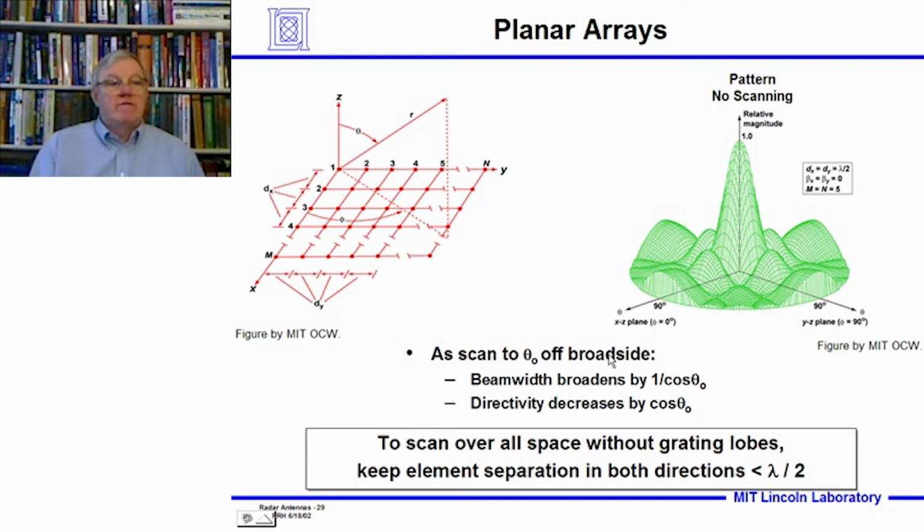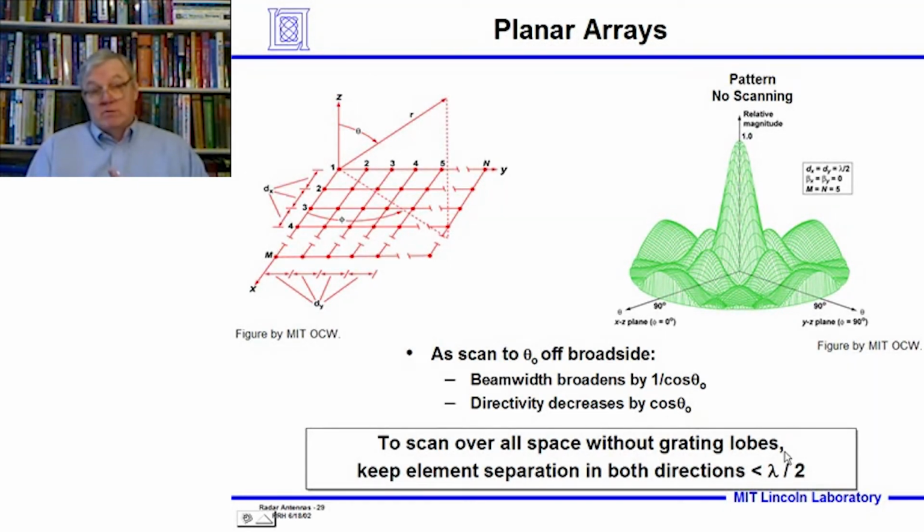And as we scan off broadside, say theta 0, as I just said, the beam width broadens by 1 over the cosine of the scan angle, and the directivity, the gain, decreases by the cosine of that scan angle. And again, for a planar phased array, to scan over all space without grating lobes, keep the element separation in both directions less than lambda over 2.